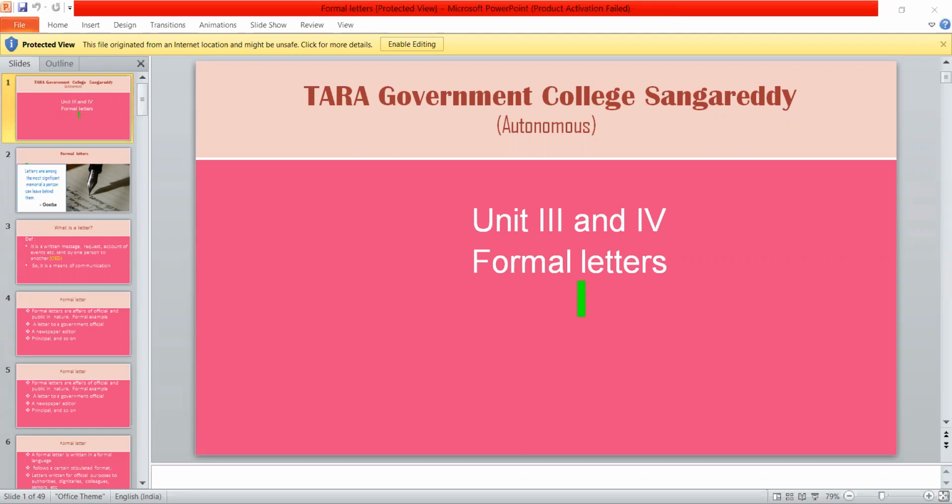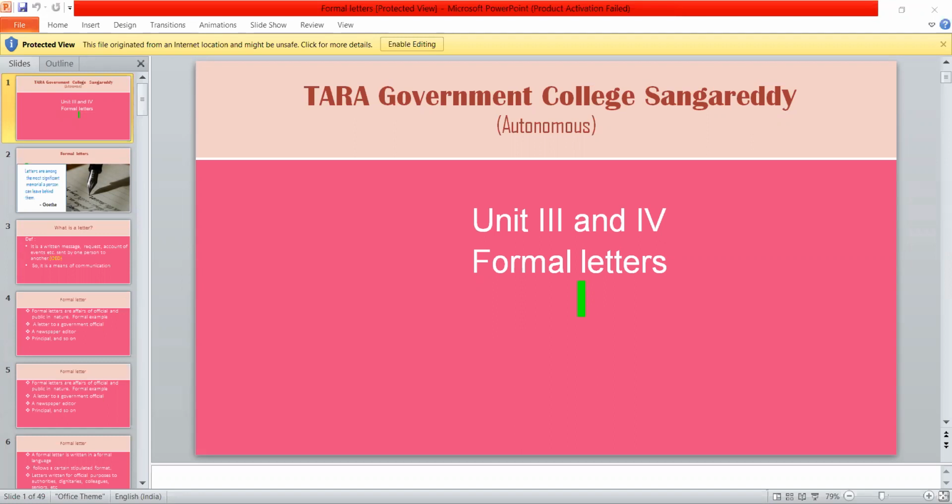Inside address is nothing but the address of the receiver. Exactly, everything comes onto the left margin only. Everything will be aligned to the left margin.